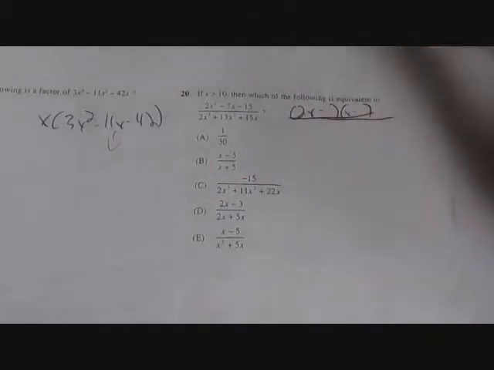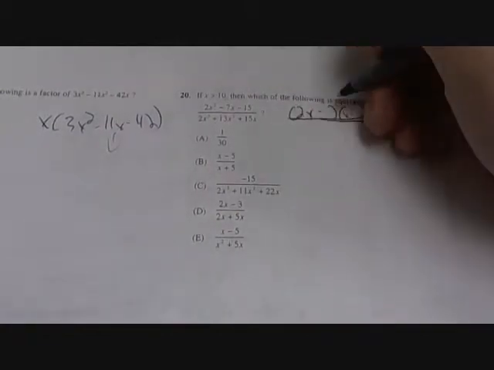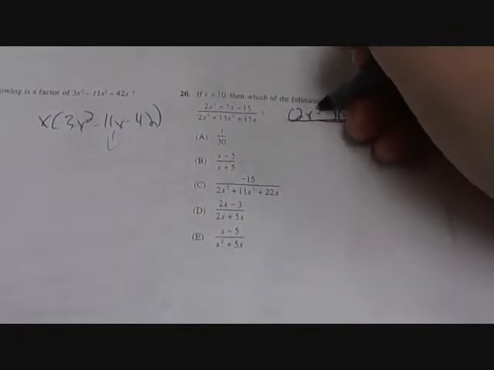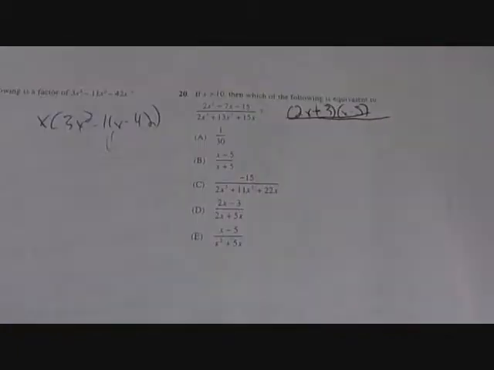What gives you 15? 5 and 3. That won't give you that. This is a hard one. Let's see. Oh yeah, 3 and 5. Yeah, it is 5 and 3. This is plus 3, minus 5. I remember factoring just with practice and experience. So it gives you that much.